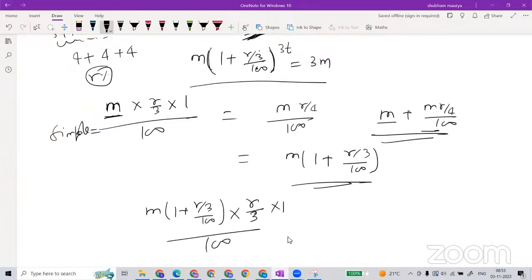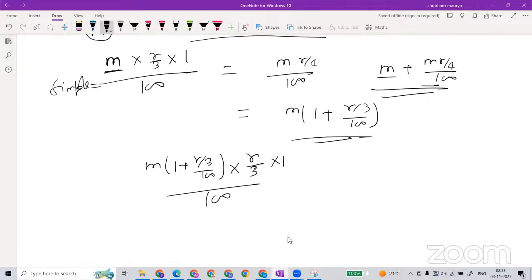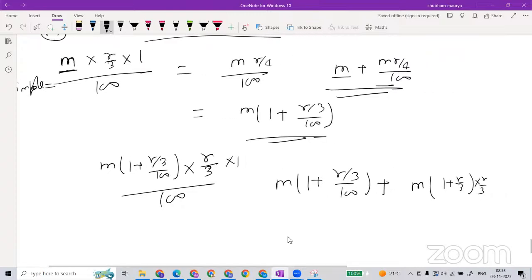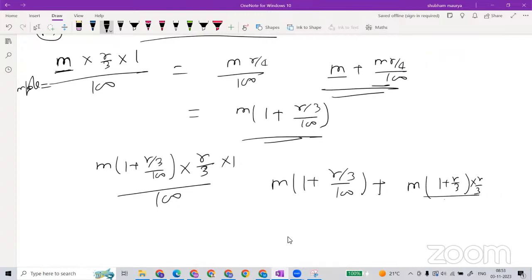This is the interest. So the amount will be M times 1 plus r by 300, plus this interest, M times 1 plus r by 300 times r by 300. Now if you take common, M times 1 plus r by 300, you get 1 plus again r by 300.